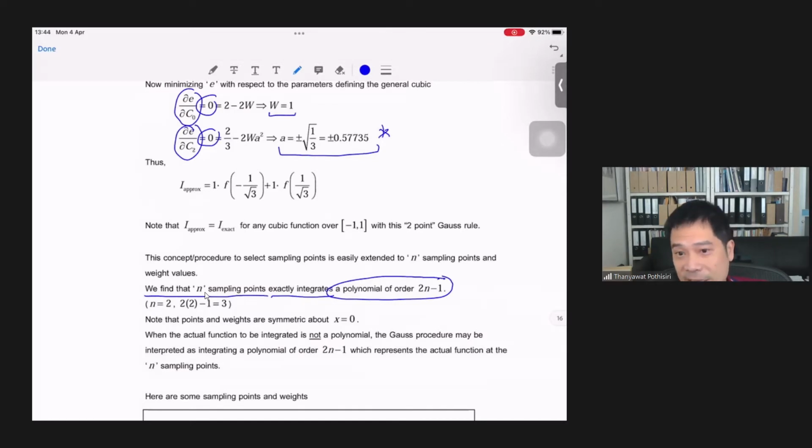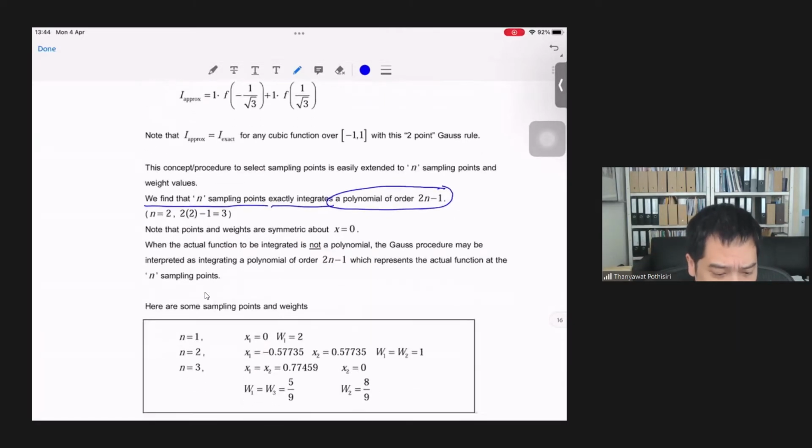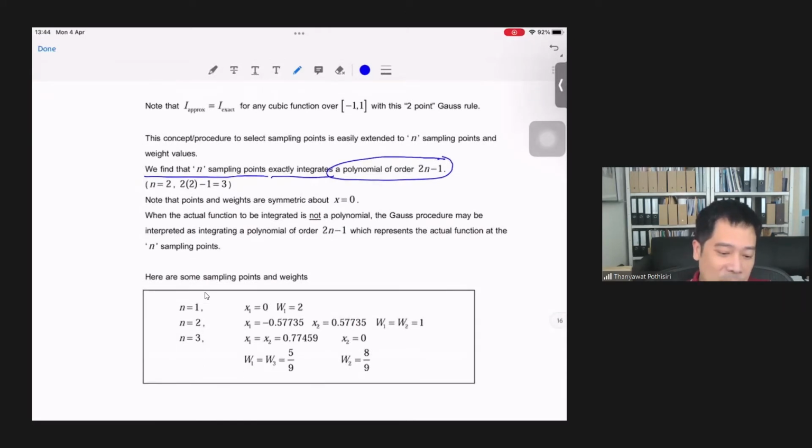And for 3 sampling points, you can also find the sampling points which would give you the exact integral for a polynomial of order 5, right? And you will find these values right here.